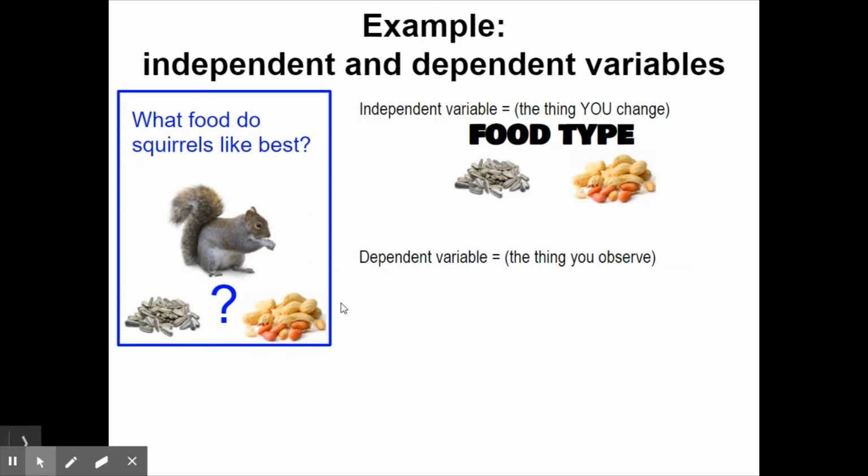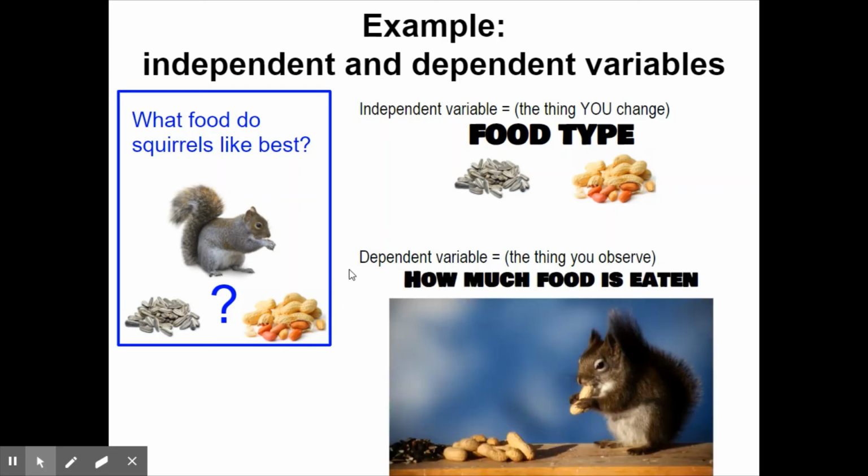Now, the dependent variable, the thing you observe, the thing you don't know, is going to be the results of your experiment. The dependent variable will be how much food is eaten, and of which kind. Or you could make it which one is eaten first. That could be the dependent variable too. It depends on your experiment. But one thing you know beforehand, because you set up the experiment that way. The other thing you don't know. You're asking the universe how much food will be eaten. You don't know beforehand.